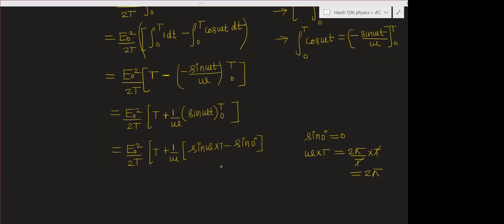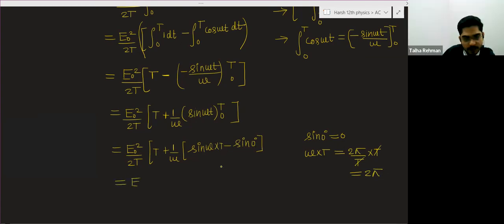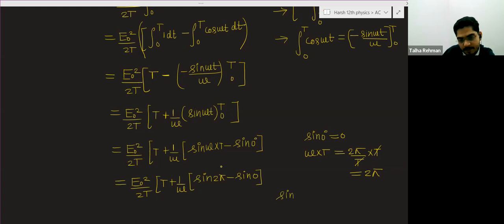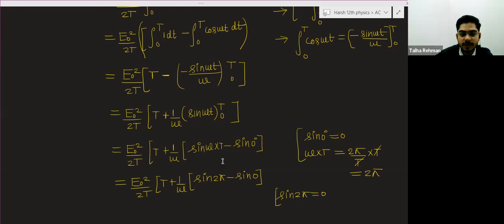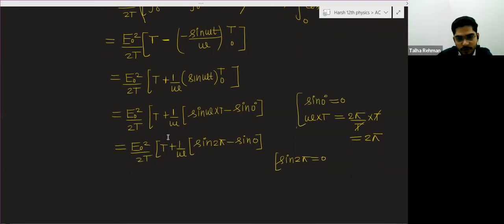So it will be E naught square by 2T into T plus 1 by omega, and this is sine of 2 pi, and this is sine of 0. Remember, sine 2 pi is also equal to 0. So this whole thing will become 0.